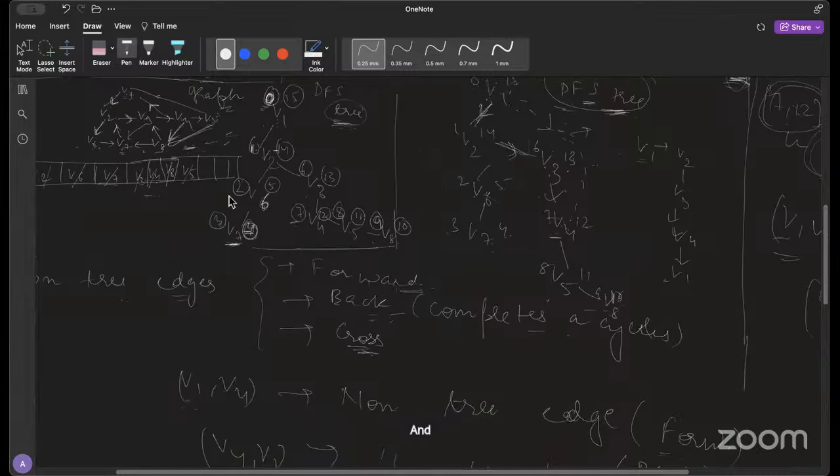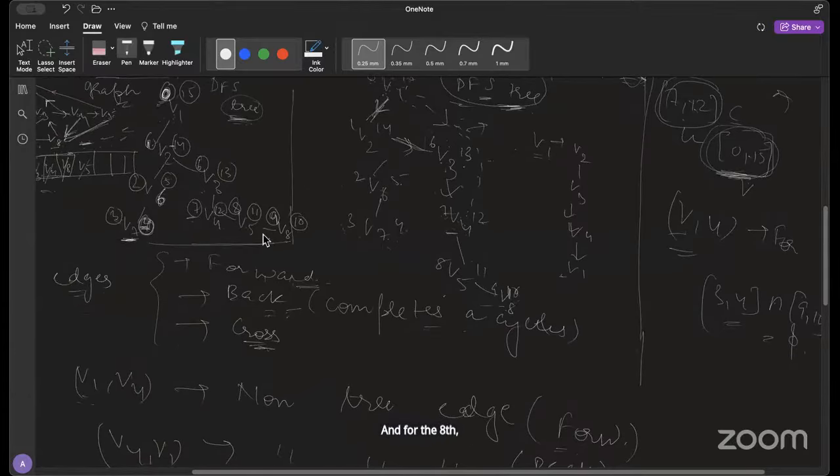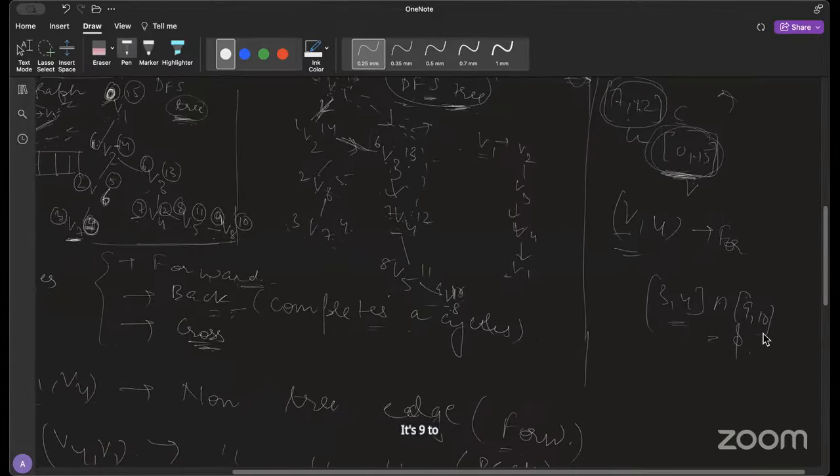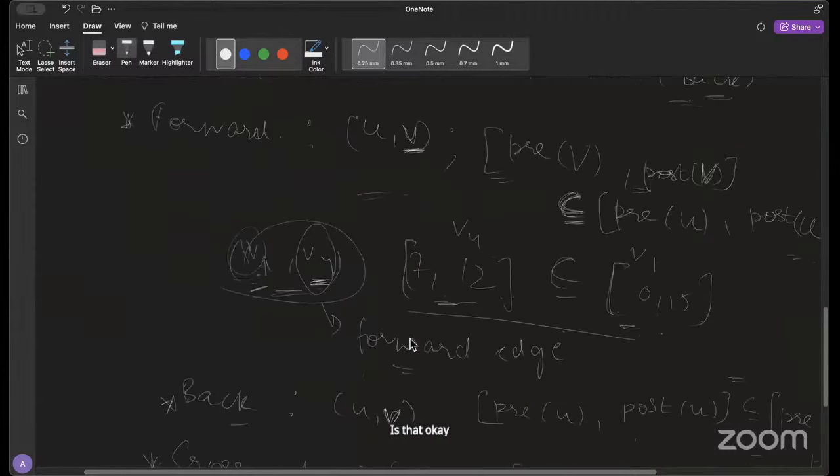And if you look at the counters here, for V7 it's 3 to 4, and for V8 it's 9 to 10. And 3, 4 is not contained in this. This is not contained in this. In fact, the intersection is empty. That's why it's a cross edge. So V8 to V7 is a cross edge. Okay.